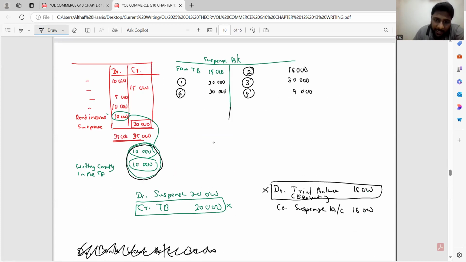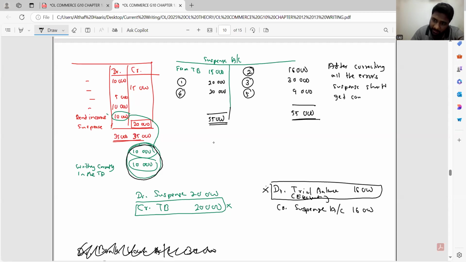So after correcting all the errors, people, you see whether your suspense is getting cancelled off. Here 55,000. Here also 55,000. That is what I told you. After correcting all the errors, suspense should get cancelled off.